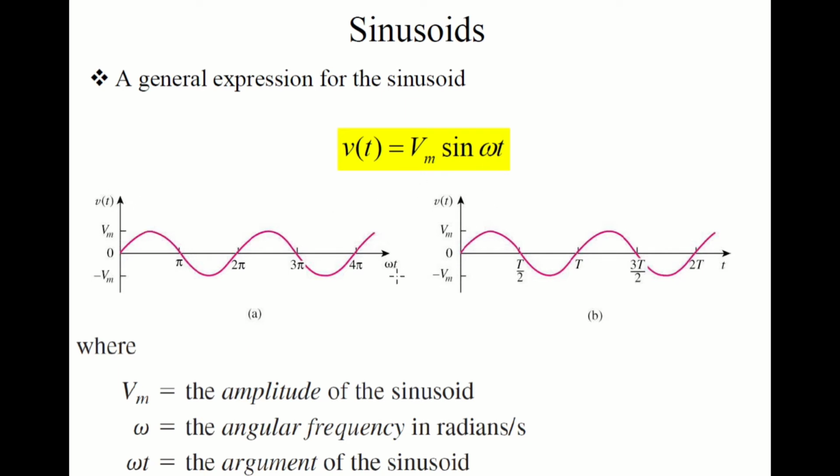And w is the angular frequency, whose unit is radians per second, and wt is what we call the argument of the sinusoid. So w basically depends on the x-axis of the graph, so it can be presented as wt or T on the x-axis.